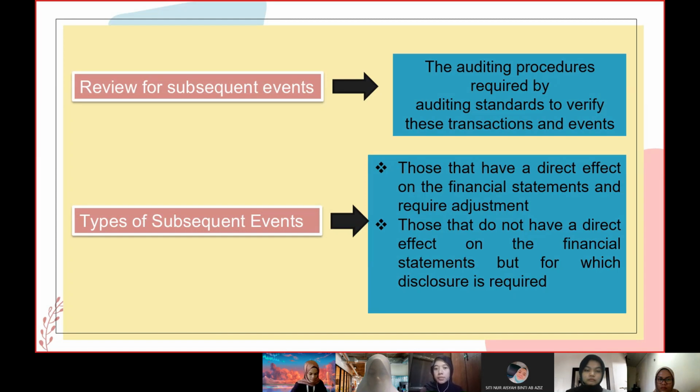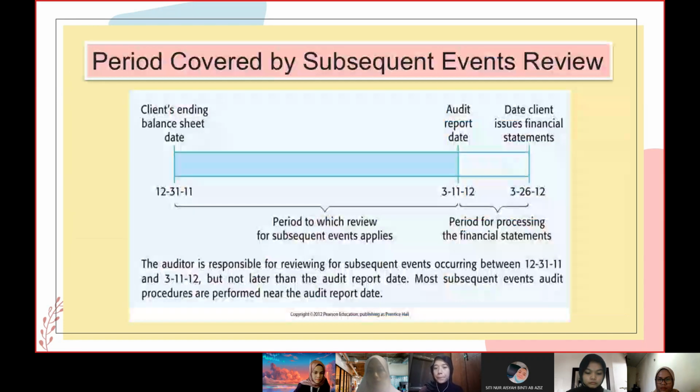There are two situations: first, events that have a direct effect on the financial statements and require adjustment; and second, events that do not have a direct effect on the financial statements, but which we need to disclose. Okay, next.